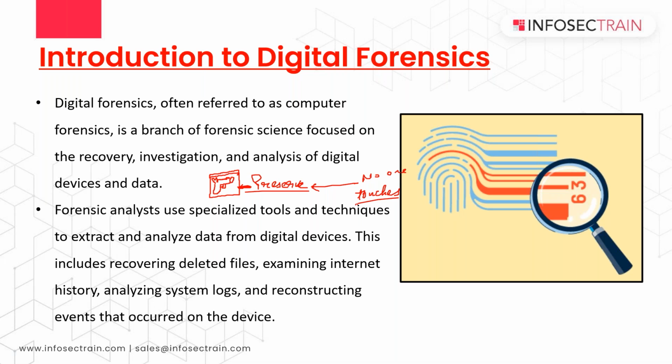See, in information security, we have three main core elements, right? Confidentiality, integrity, and availability. Confidentiality means no unauthorized access is allowed. Integrity means we verify whether the data is tampered or modified or not. Availability means your systems and data services should be available.